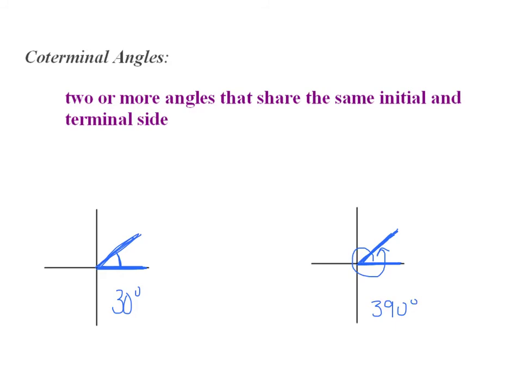Looking at this, if I just go around the circle an additional time to find coterminal angles, what do we have to do? If I go around an extra time, we're simply adding or subtracting 360 degrees. So remember, it's really important: coterminal angles are going to share the same initial and terminal side. They're just going to have a different numeric value assigned to them.